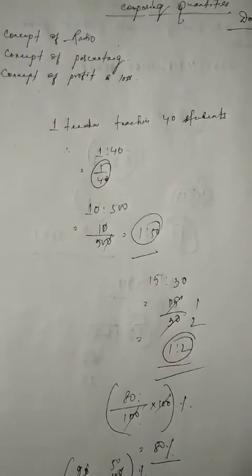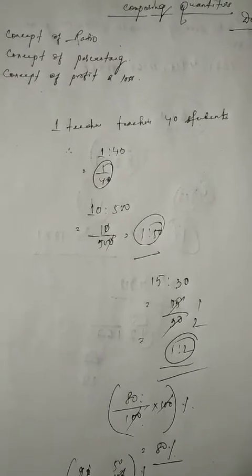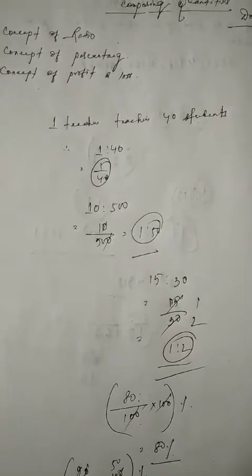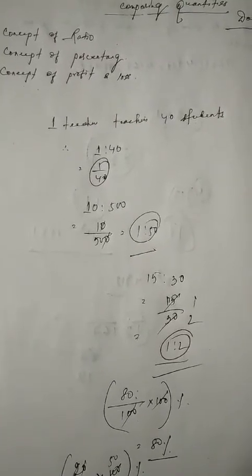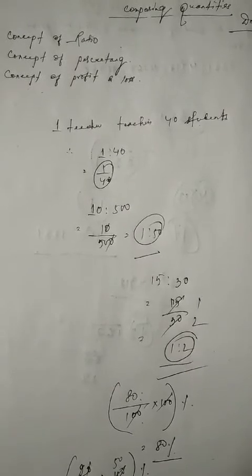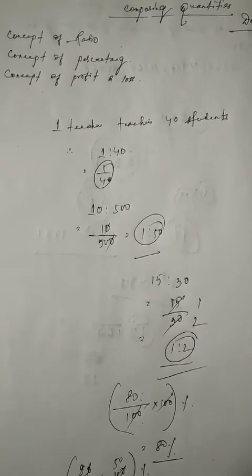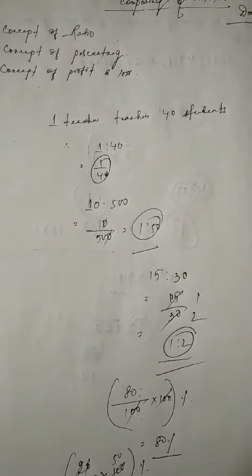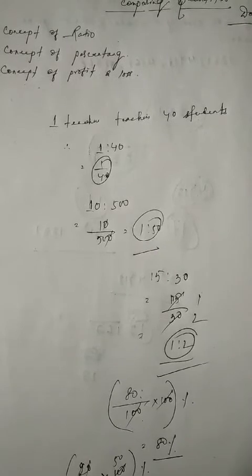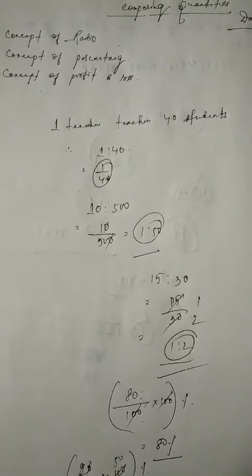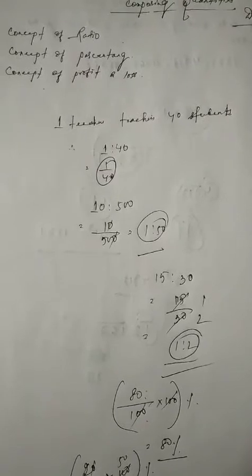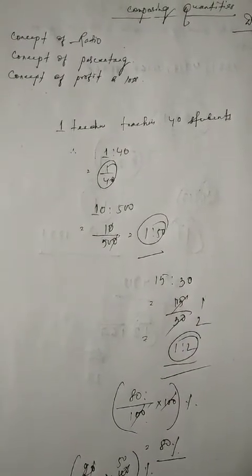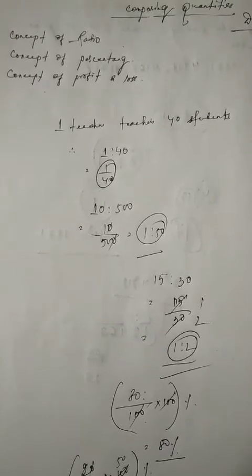When the buying price or cost price is higher than the selling price, we consider that deal as loss. And when the selling price is higher than the buying price, we consider that deal as profit. That we need to keep in our mind.